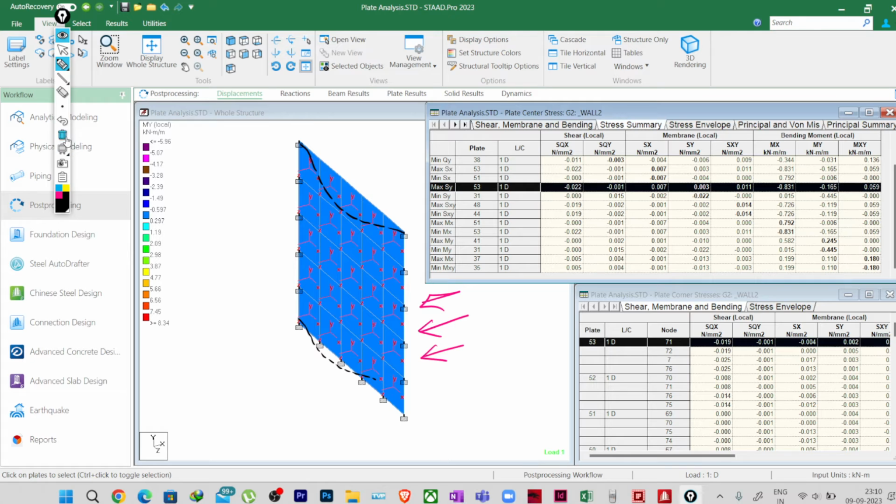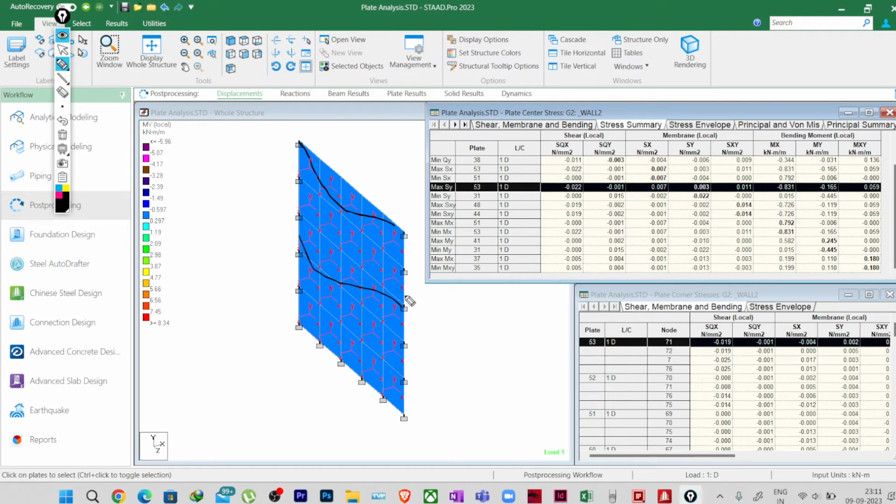No, the bottom part will not be bending that much. The top and the mid portion will be bending. The bottom part is supported like this. Okay, so in this case the horizontal moment will be more governing than the vertical moment.